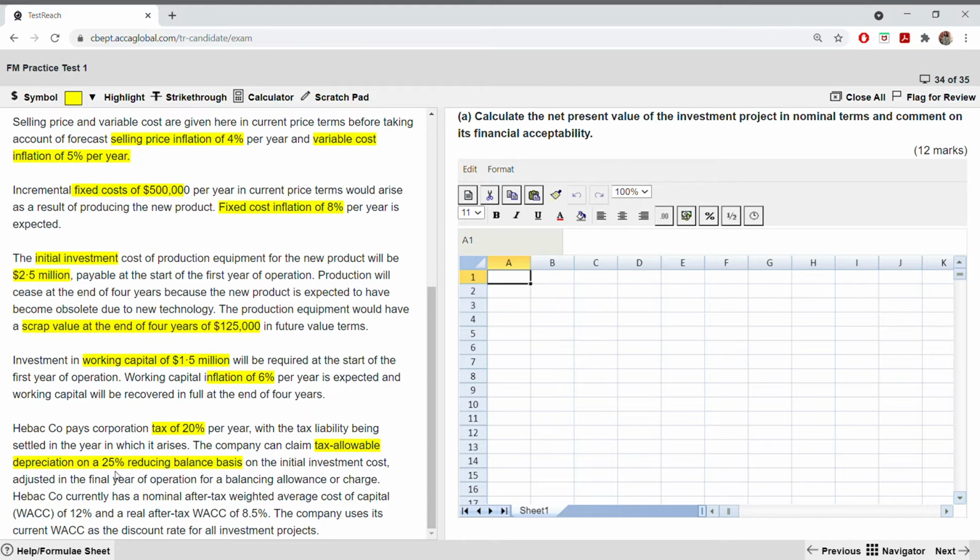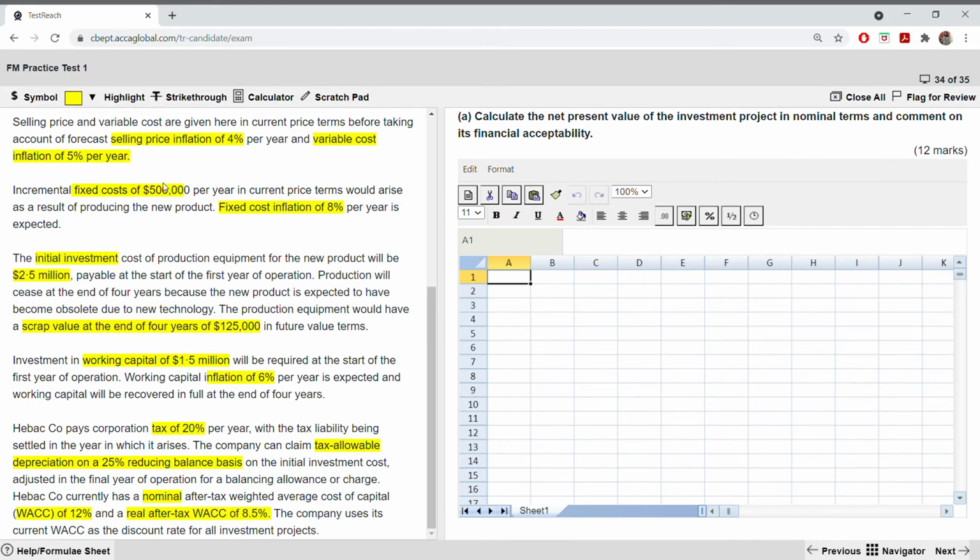Now what else do we need? Definitely cost of capital, otherwise how are you going to discount? So Hebek currently has a nominal after-tax weighted average cost of capital of 12% and a real after-tax WACC of 8.5%.